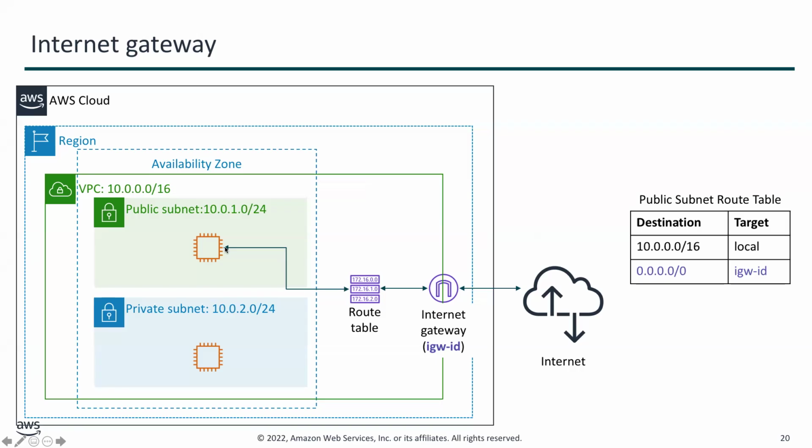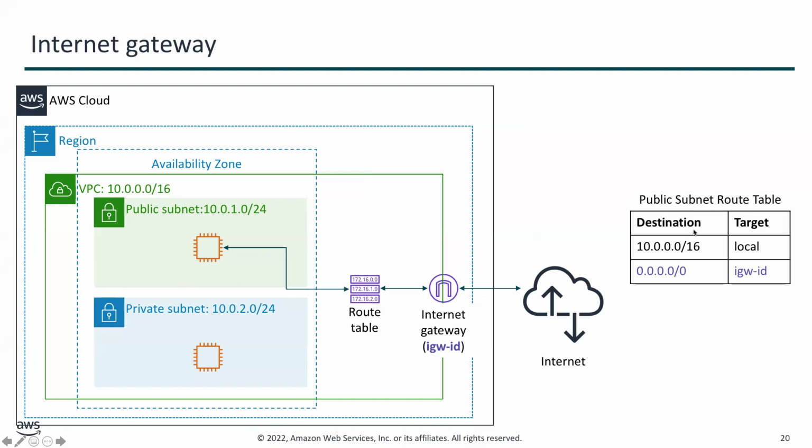That's a default thing we know, right? And that has to be defined using a route table. So using that internet gateway, you can communicate with the internet and vice versa, so outbound and inbound traffic. Now, you can see a sample subnet route table here, the public subnet route table, right?